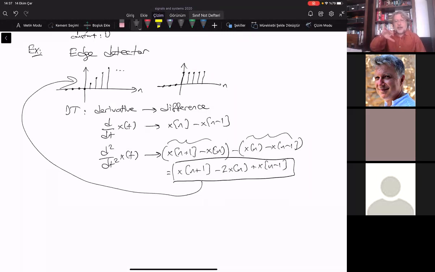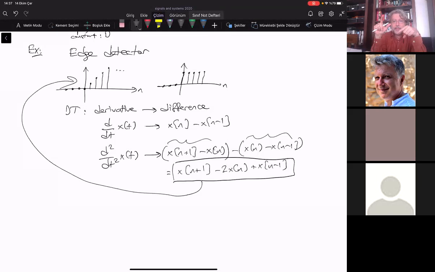For the very right-hand side, the ramp positions, there is x of n plus 1 and there is x of n minus 1. One of them is large, the other one is small. X of n plus 1 will be large, x of n minus 1 will be smaller than that, and x of n will have a value right in between. So I'm adding the larger one and the smaller one, and I'm subtracting twice the middle value.